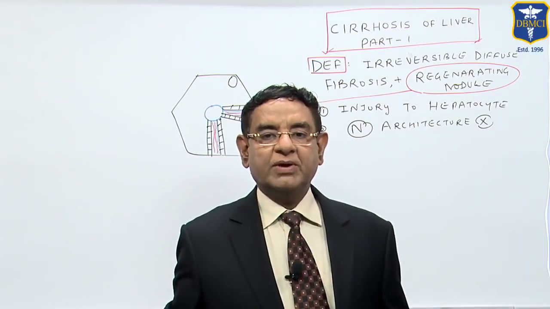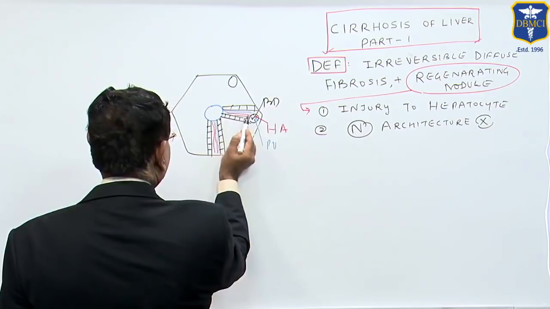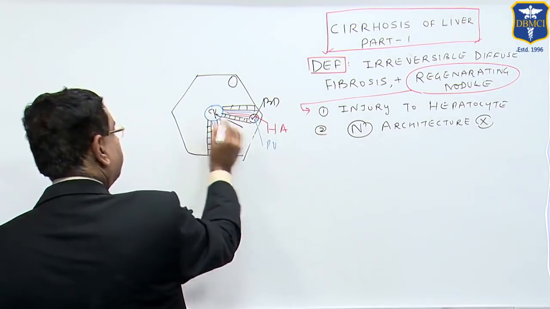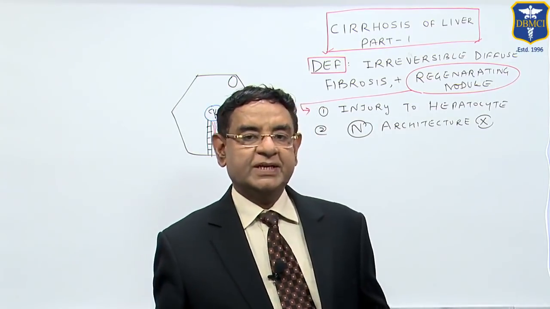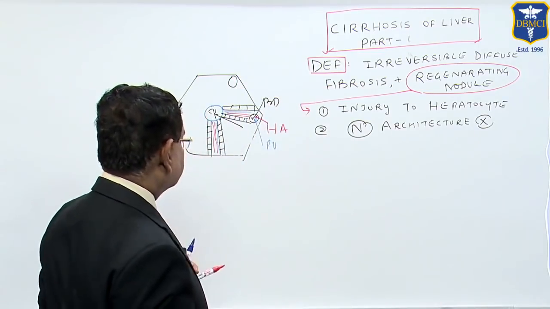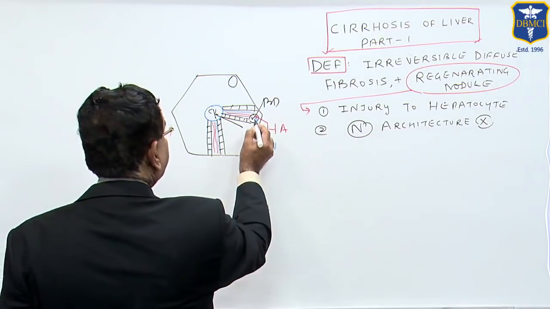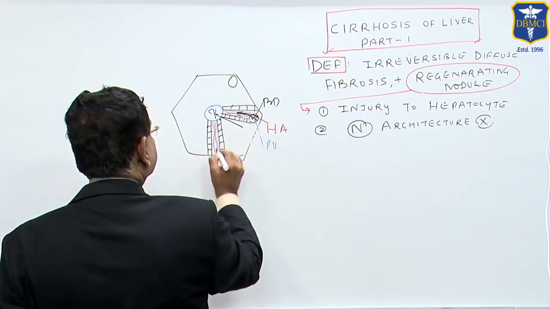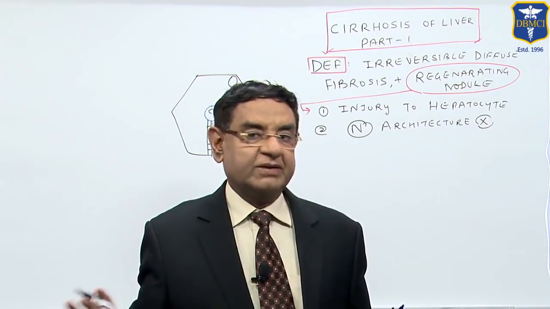As you know, in the normal anatomy and physiology, blood from artery and vein goes toward the central vein, but bile is the reverse flow. Bile moves away from the center, while blood goes into the central vein. Point to be noted, both the arterial and venous blood go to hepatic sinusoids.